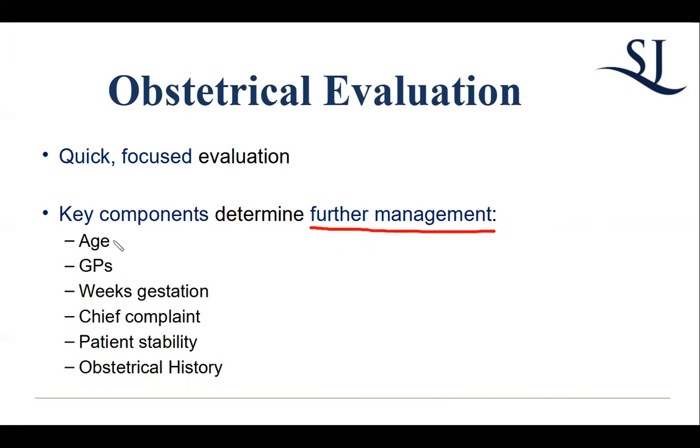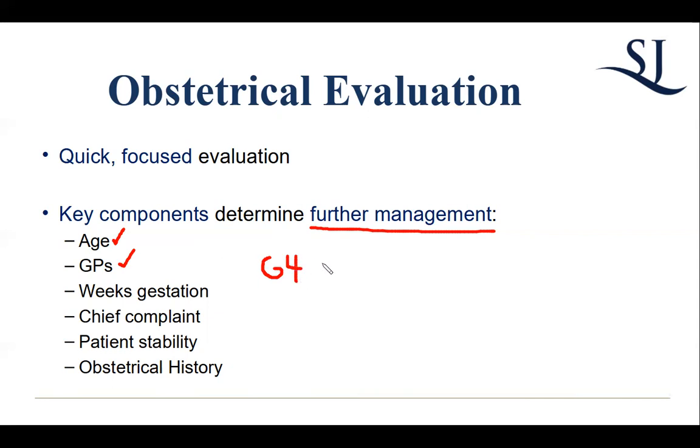So the maternal age is important. Your one-liner you want to get used to: maternal age, your G's and P's, which is your gravidity and parity, meaning how many times mom has been pregnant, and then the outcome. So do we remember? They'll say a G4, which means what?